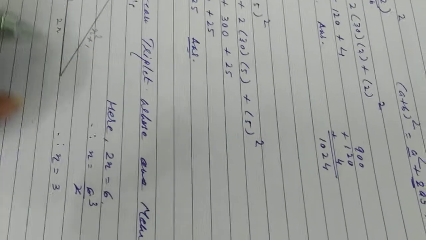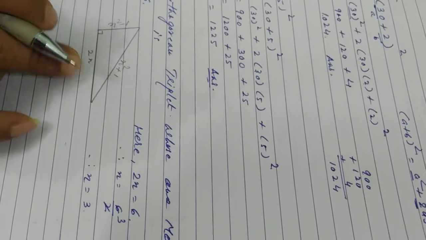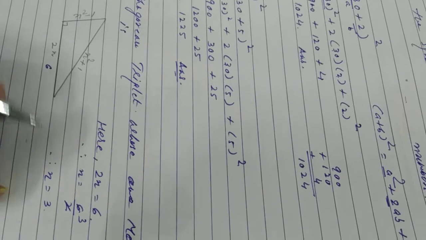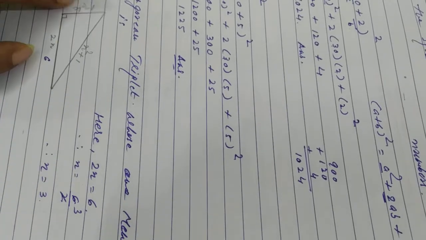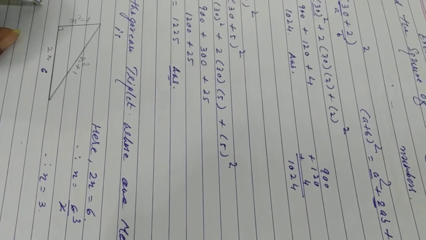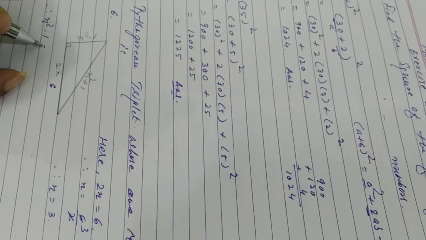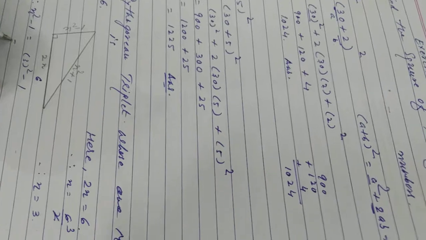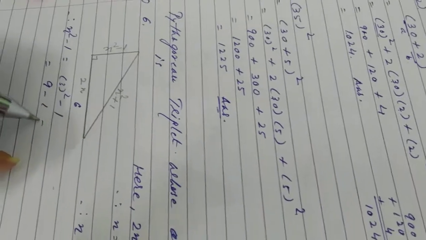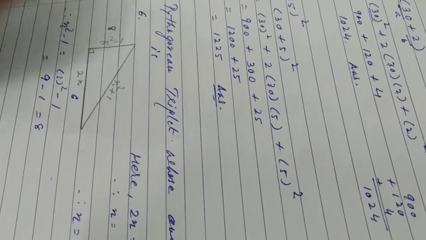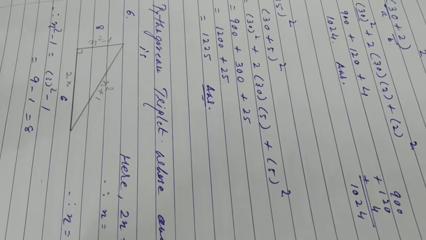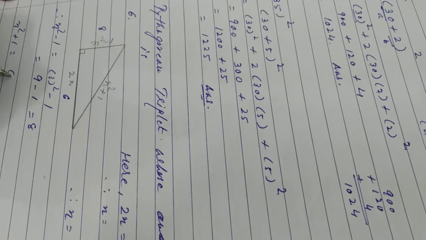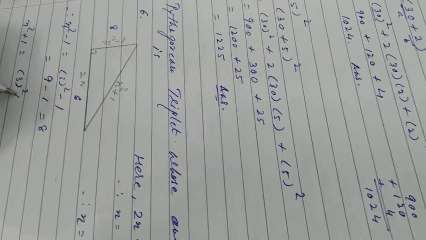Right? So here 2n is 6. Now, n is equal to 3. So n square minus 1 is equal to 3 square minus 1. Three 3s are 9, minus 1, so 8. So its measurement is 8. As it is n square plus 1, so 3 square plus 1.